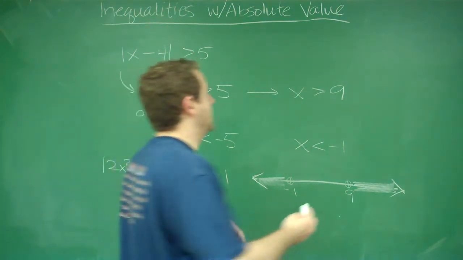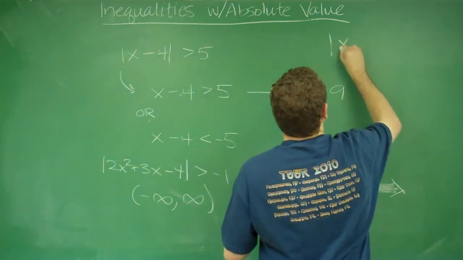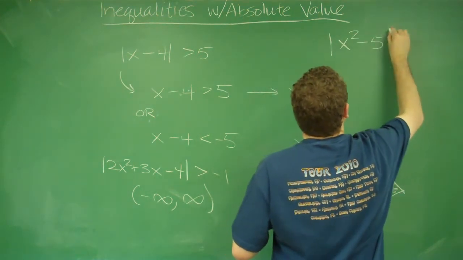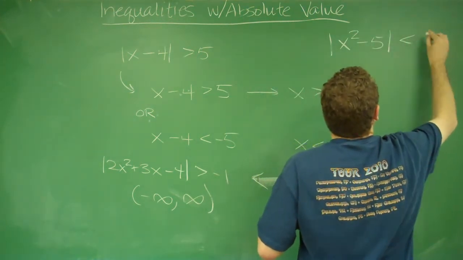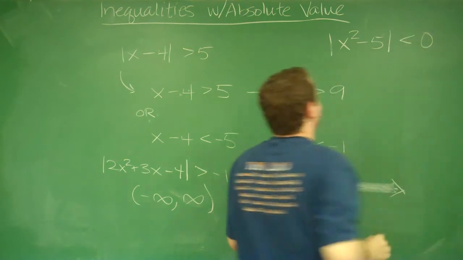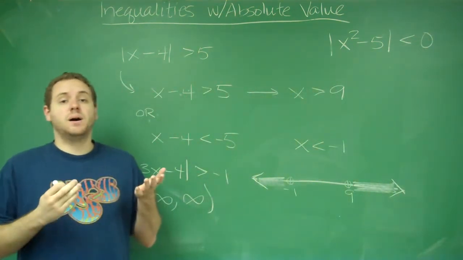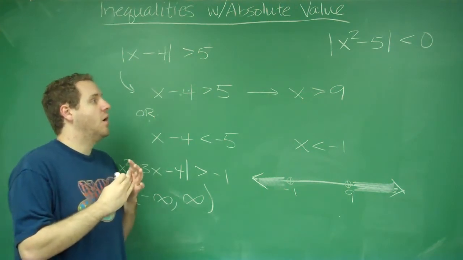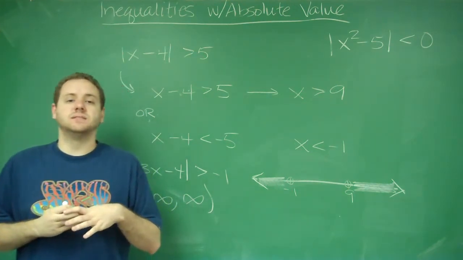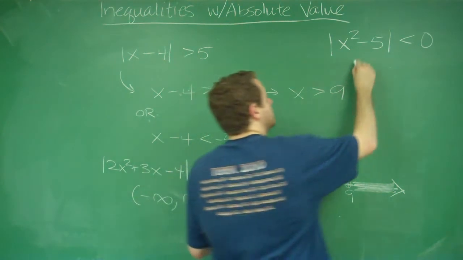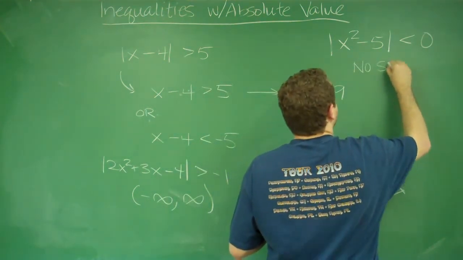Similarly, if you had something like this, is less than 0, right away you could say that that is impossible, because the absolute value of anything cannot be less than 0. So you would have no solution to this.